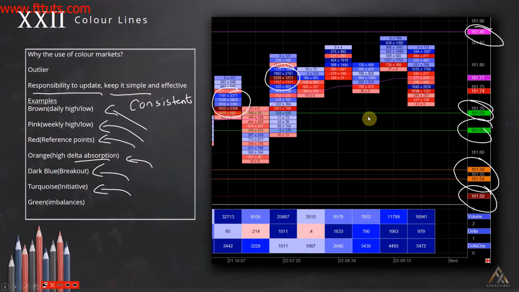Turquoise is for initiative, where the initiative begins, and you'll understand this a lot better when we get to the strategy on support and resistance, or at least failed break of support and resistance. And then lastly, green lines for imbalances. As we can see in the example of imbalance, when I explain the strategy session on imbalances and the 3 strategies you can execute, you'll understand why it's effective and important to have color lines.